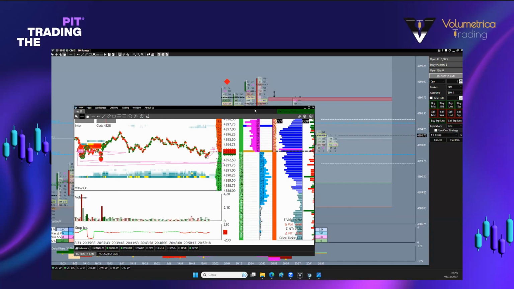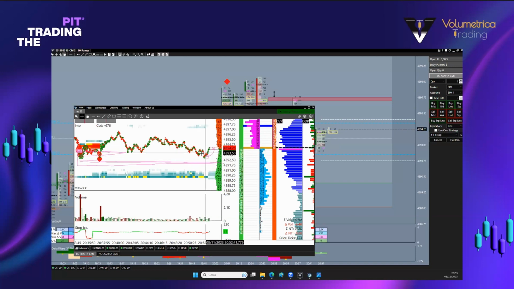Sometimes, in fact, we can have, look how bubbles to the upside are picking up, and we have basically no more red bubbles.